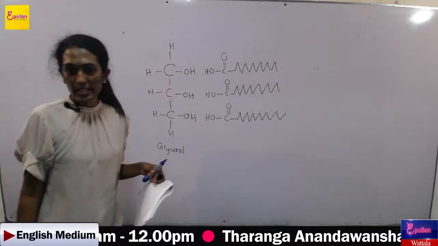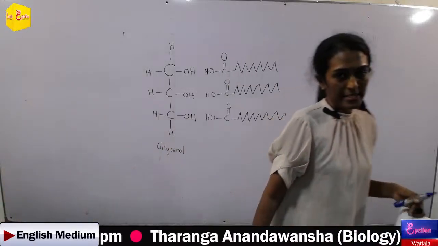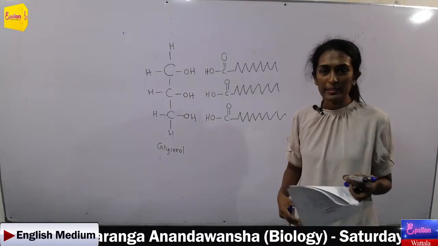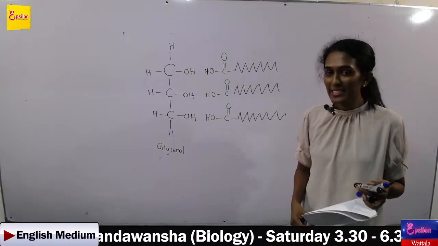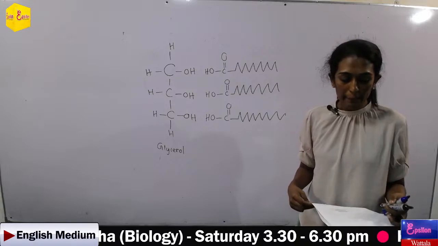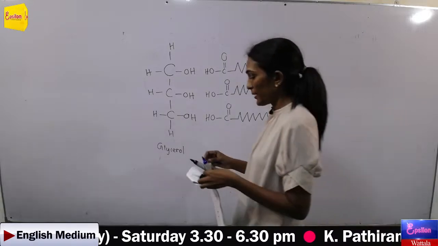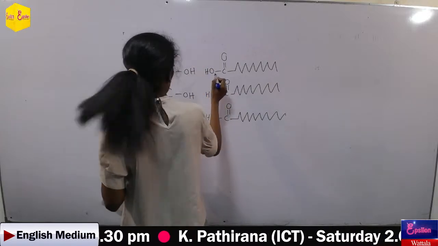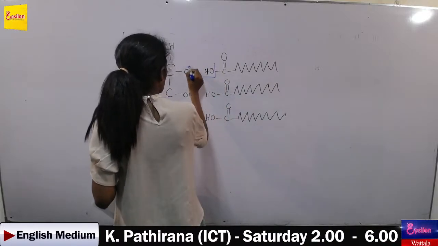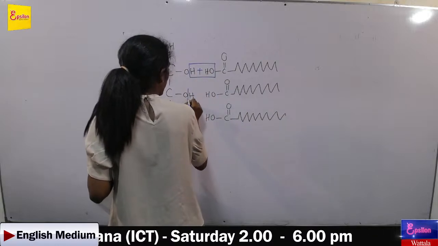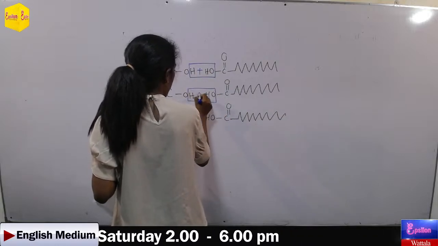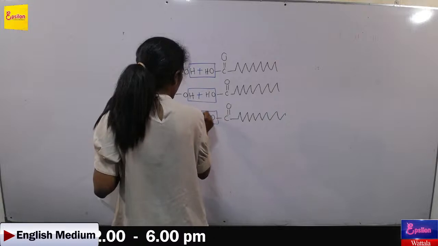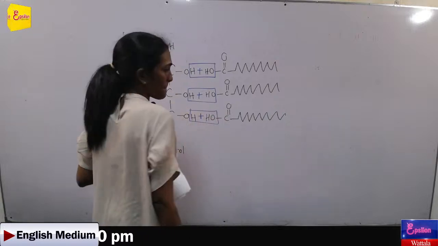How many fatty acid chains? 3 fatty acids. Now what's going to happen? Condensation reaction is going to happen. Water molecules are going to get removed from this, isn't it? How many water molecules are going to get removed? 3 water molecules going to get removed.